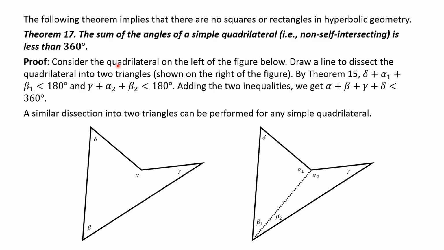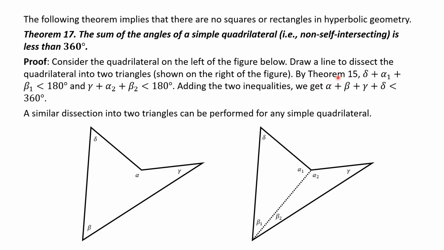So consider the quadrilateral on the left of the figure below, so this one here. Draw a line to dissect the quadrilateral into two triangles, as we've shown here, by connecting two of the vertices with this dashed line.